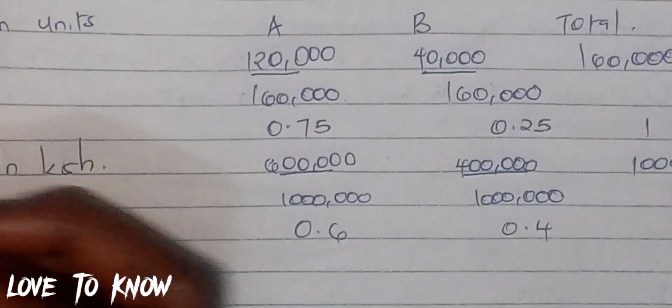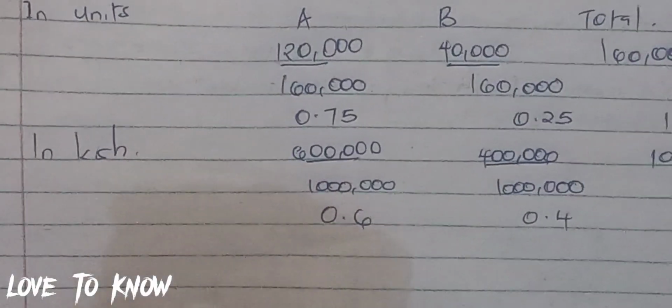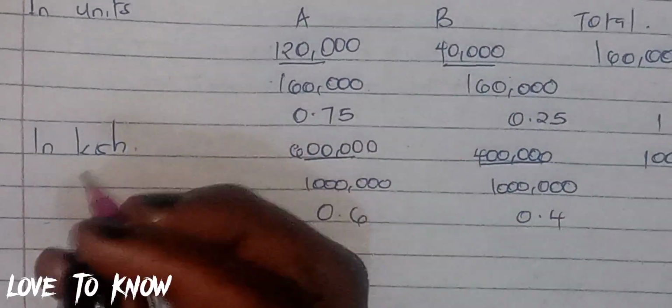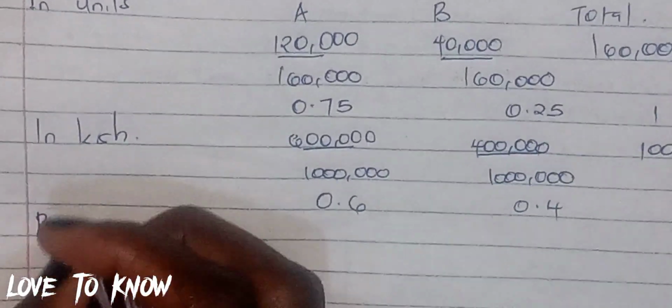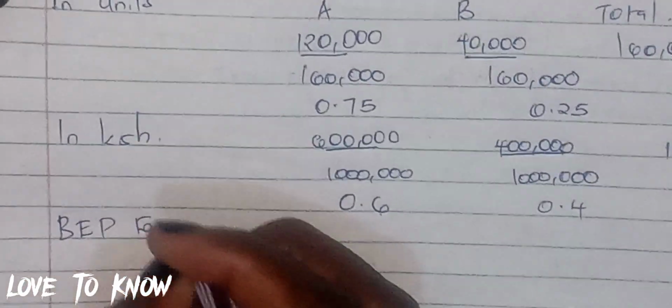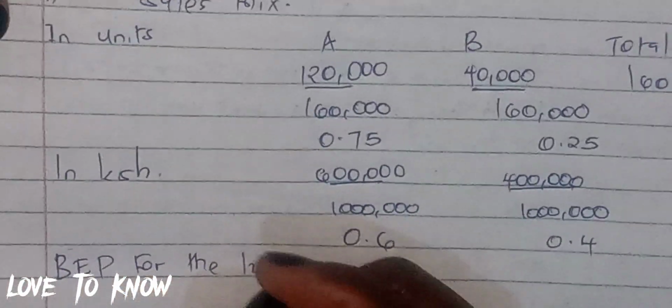Now the next step, we will calculate the break-even point for the general product. That's the break-even point for the total product.